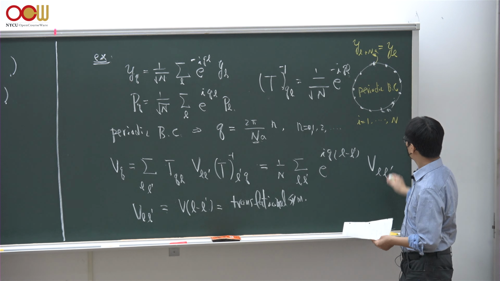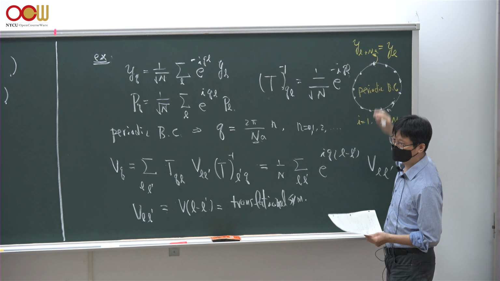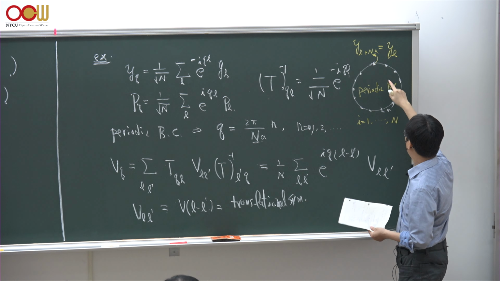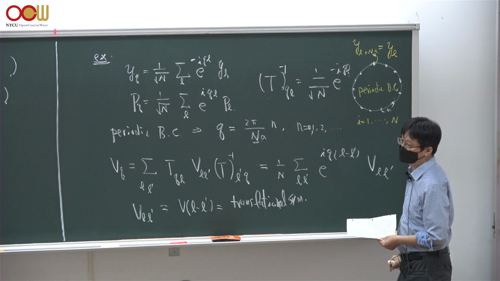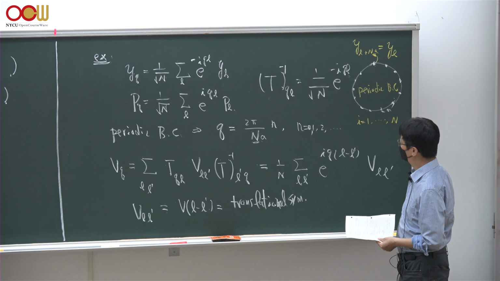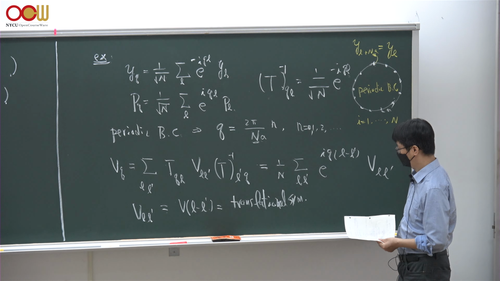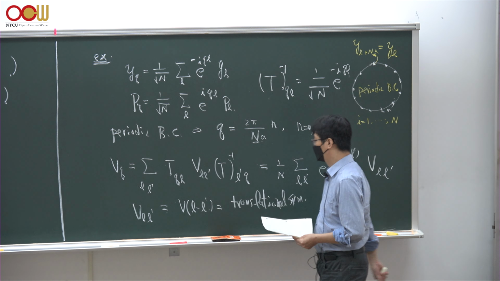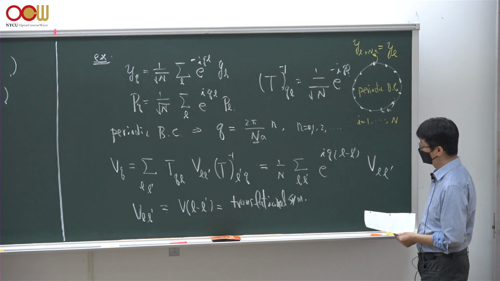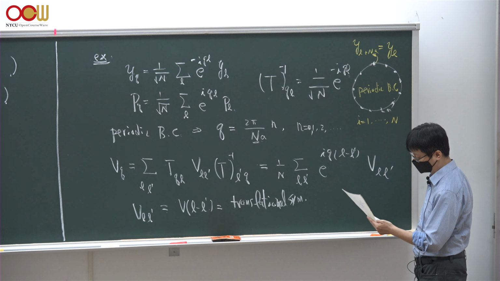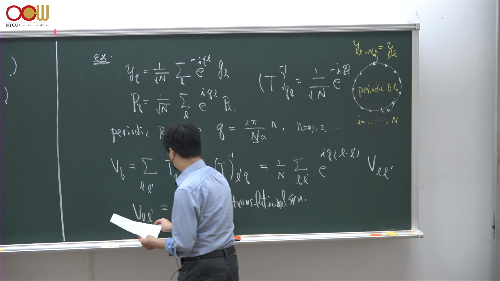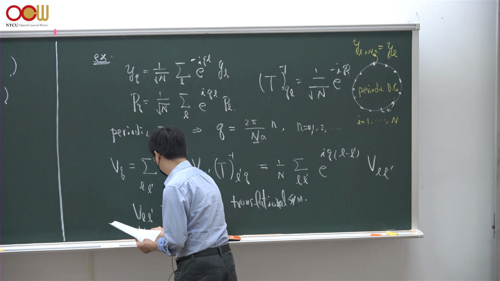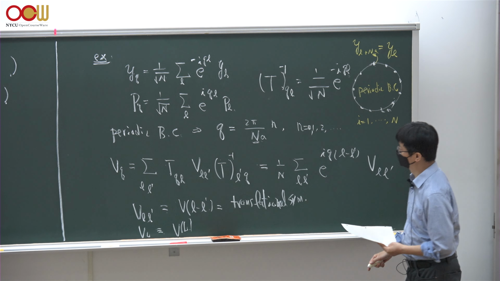It is because the system is exactly the same if you shift your atom by a lattice constant A or an integer multiple of the lattice constant A. Therefore, this potential is only a function of the difference between the vectors L and L prime. I call this capital L, and we will come back to this in just a moment.